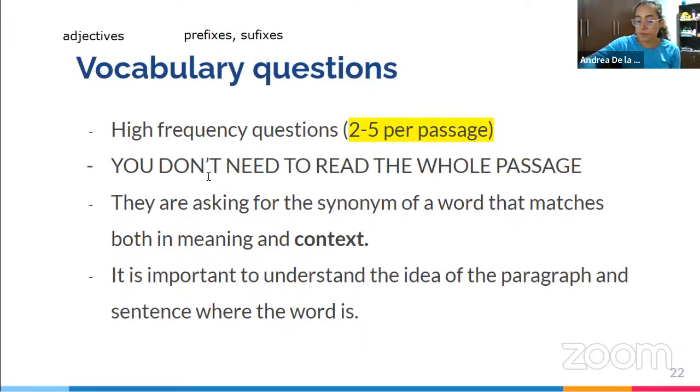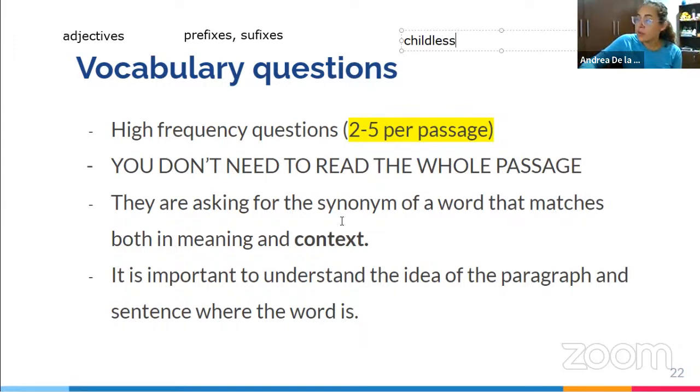For example, let's say, okay, child. You know, that's the root of the word. Now, if you add the suffix less to that word, it becomes childless.